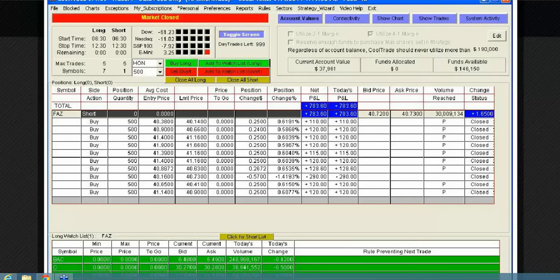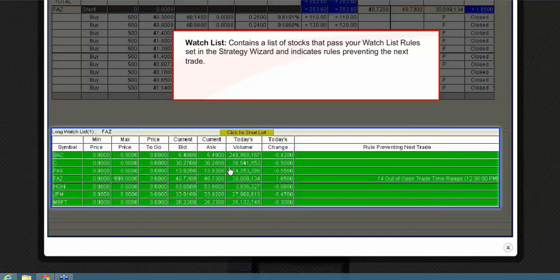So the long watch list is the stocks that the robotic trader expects are going to go up, and the short watch list is the list of stocks that you expect to go down. So that's a quick overview of what the trader looks like and some of these buttons and features.